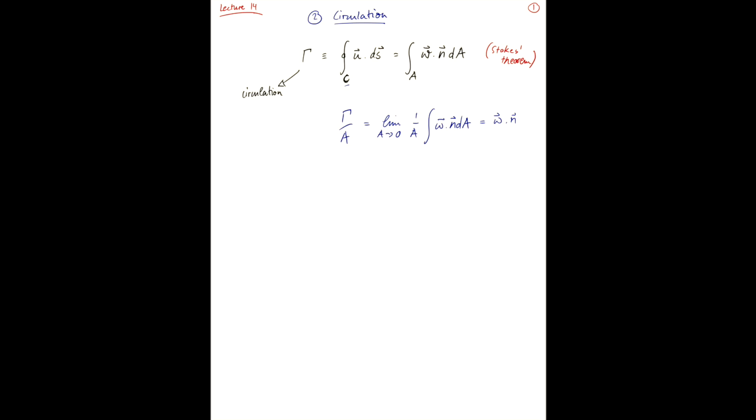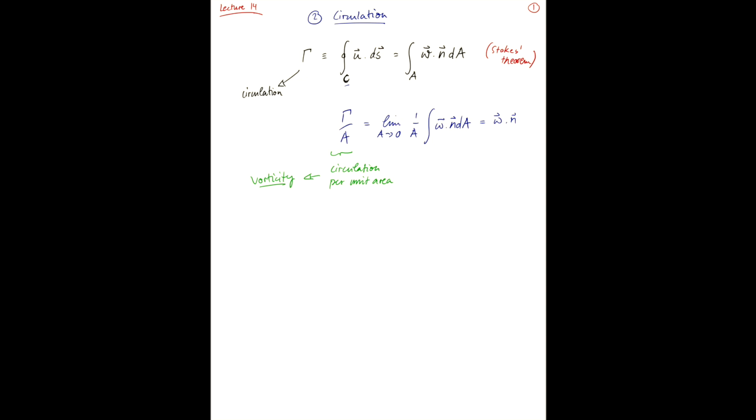And so this is actually a way of defining vorticity. This is the circulation per unit area. So vorticity is essentially the degree of rotation around an infinitely small loop, i.e. around a point.